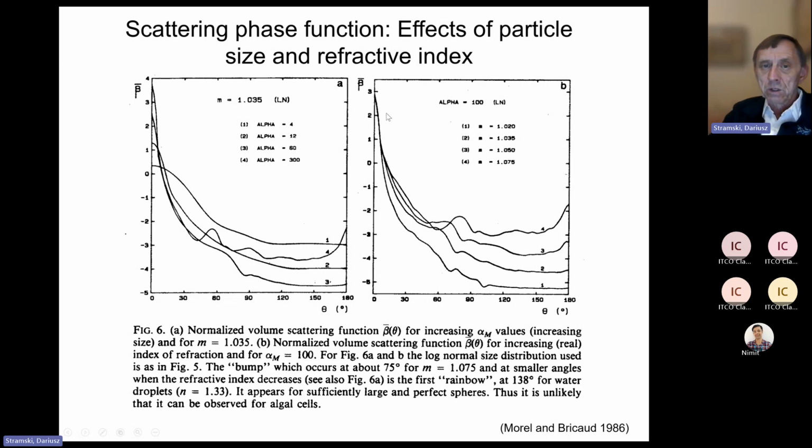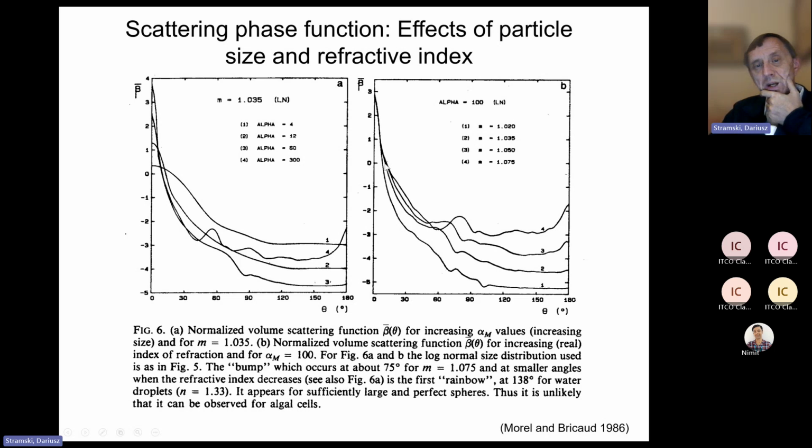So diffraction for large particles is very weakly dependent on refractive index. That's actually a good thing if you want to determine the size of large particles from diffraction measurements, because there is no dependence on refractive index.